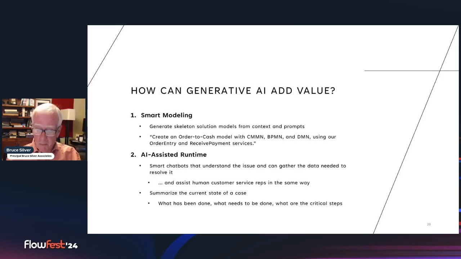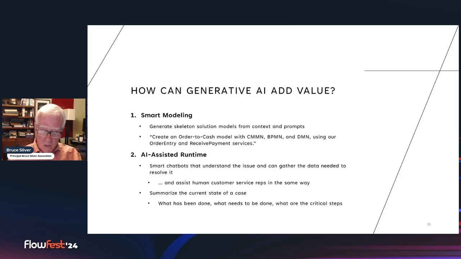Generative AI can turn dumb chatbots into smart ones that understand what you would like to do, collect the information needed by the processes that can make that happen, and initiate those processes automatically. And it can assist customer service reps in the same way, speeding up the interaction and automating the required actions.